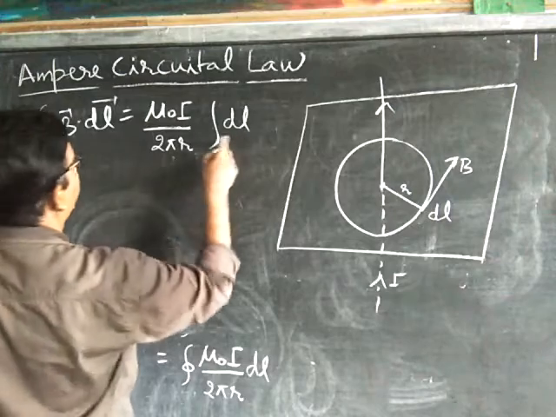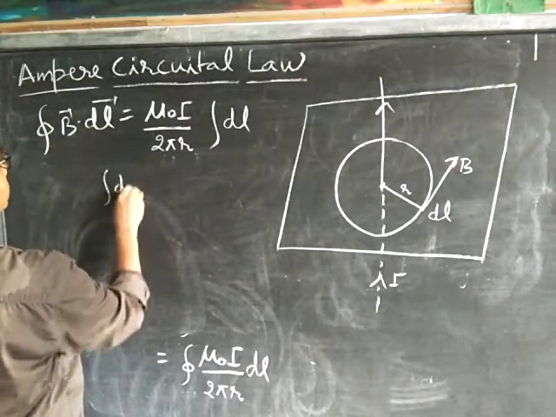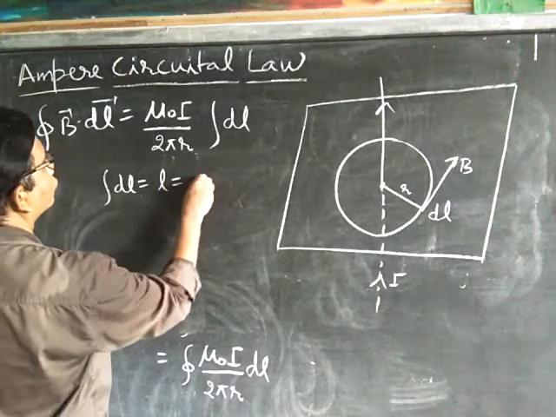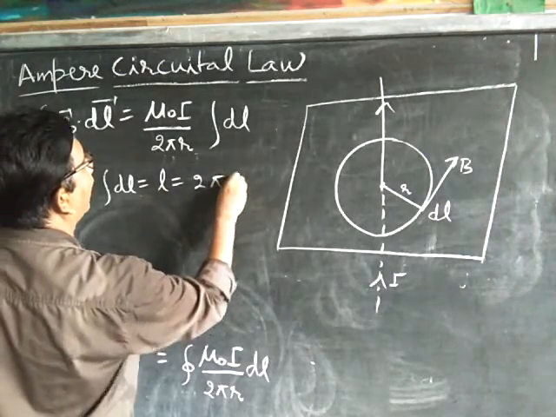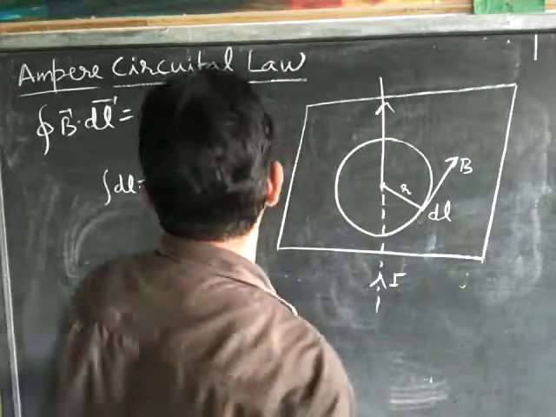Integration of dl is L, which is equal to 2 pi r, the circumference of the circle.